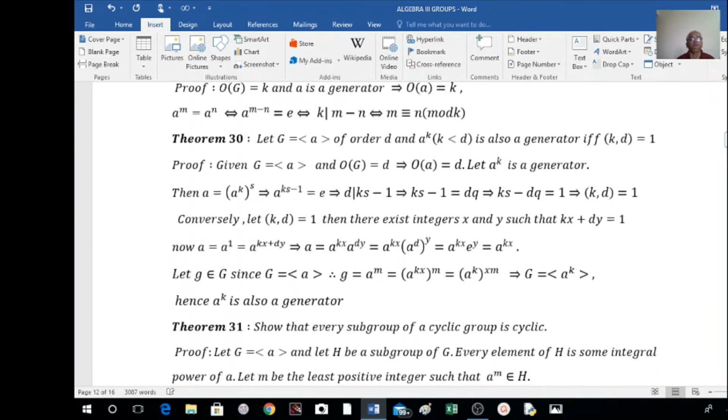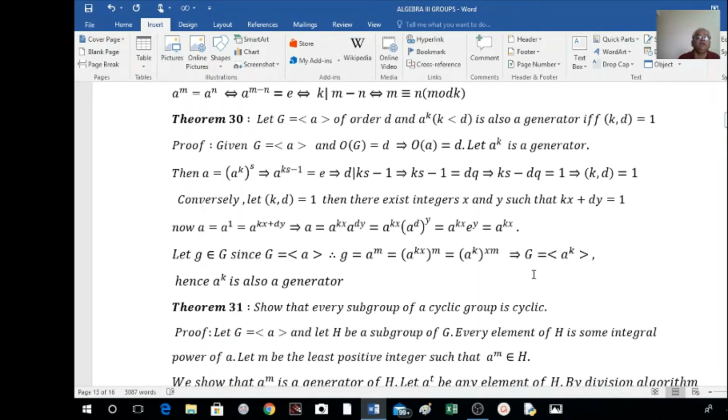One more theorem. Let G equal to the group generated by a, that is, G is a cyclic group generated by a of order d. Then a raised to k, where k is less than d, is also a generator if and only if the gcd of k and d is equal to 1.